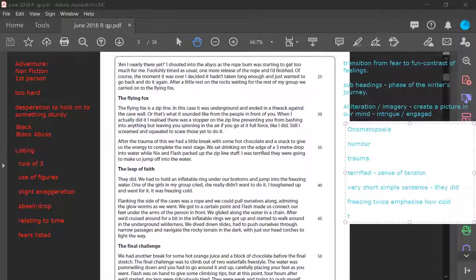The word toughened, in contrast with cried, shows the writer's determination to see this through.